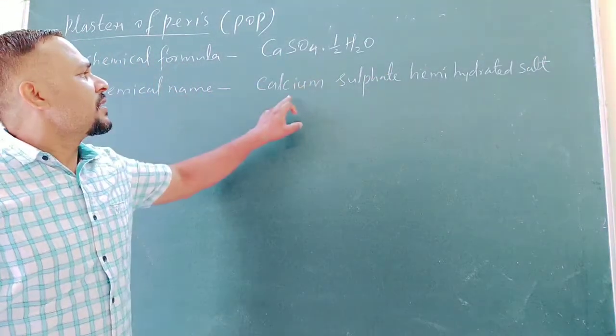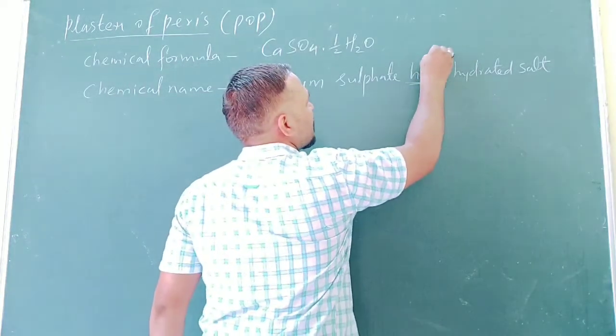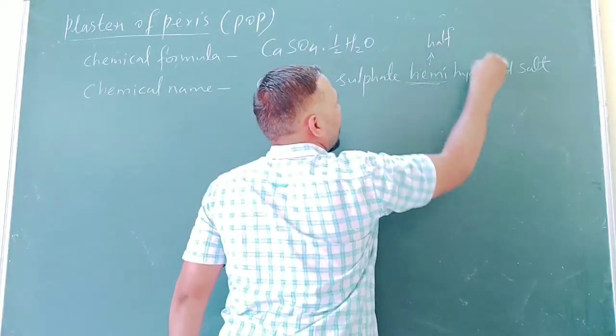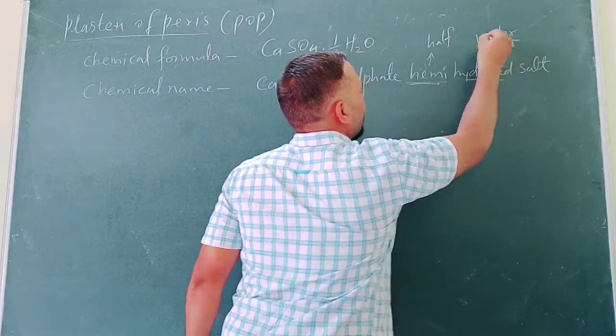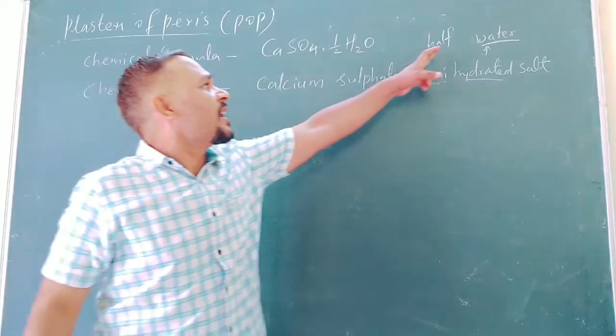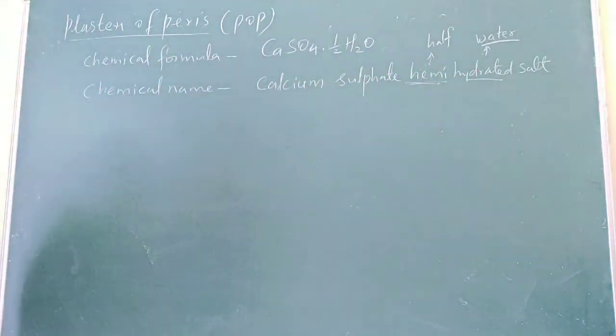Hemi means half, hydrated means water. So it is a salt containing half a water molecule per calcium sulfate.